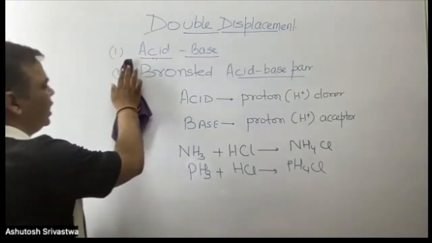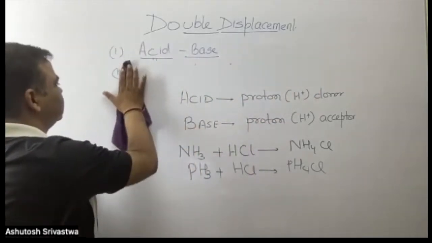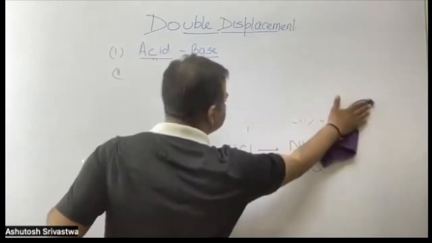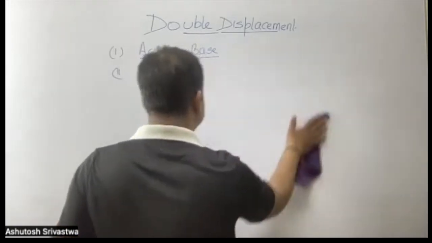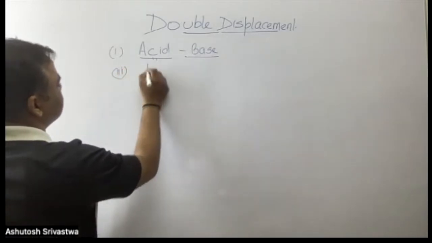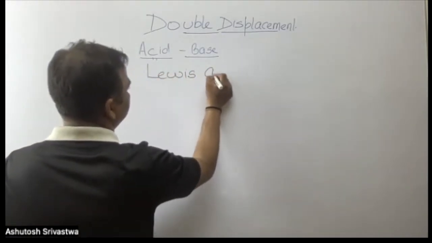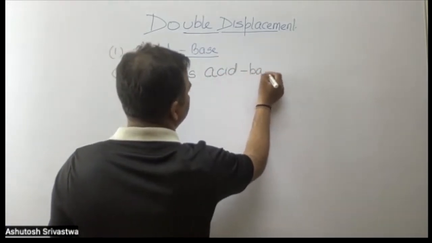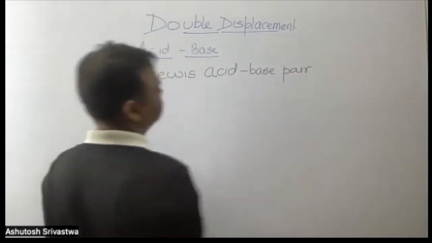The third theory that we should learn is Lewis acid. So what is Lewis acid? Lewis acid base pair. The third one is Lewis acid base pair.